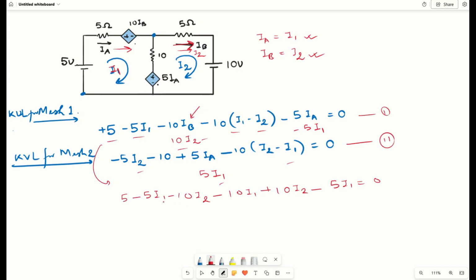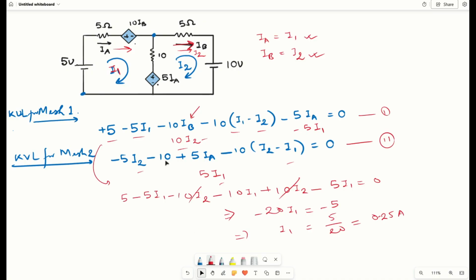So what we have here is I2 gets cancelled, and finally what remains is minus of 10, 15, 20. So it will be 20I1 equals to minus of 5. So finally the value of I1 is 5 divided by 20, so it is 1 by 4. So we can call this 0.25 ampere.